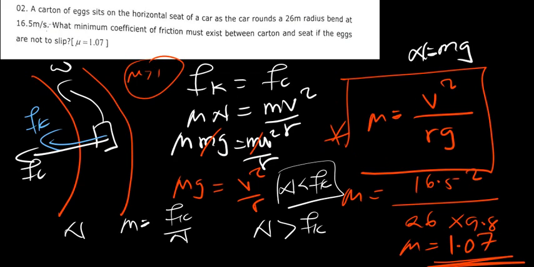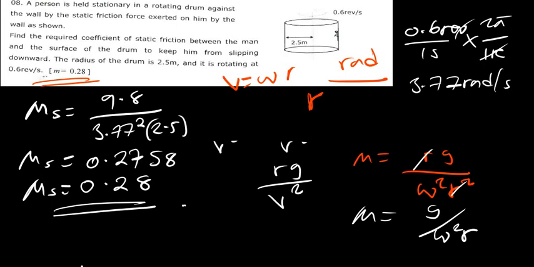Yes. So this one which you can see on your screen, we use this one when you're talking about the roundabout. The car is moving around the circle. So when you're finding the coefficient of friction, we use this one. This is the scenario. So the scenarios are different. When we're talking about the drum, that's when we come to this.